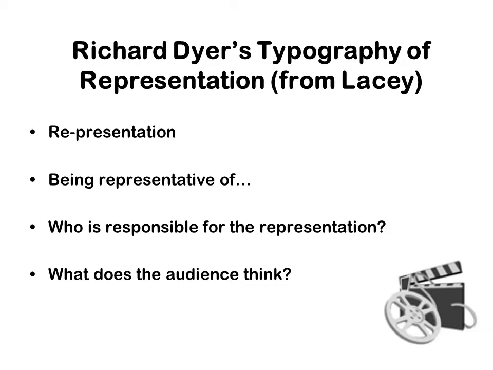Finally, what does the audience think? We have a specific message, we put it in a film, people will watch the film and they will have a reading or feedback. This is very difficult. We have different kinds of meaning from audience to audience. There are always more than one possible reading in any particular representation.